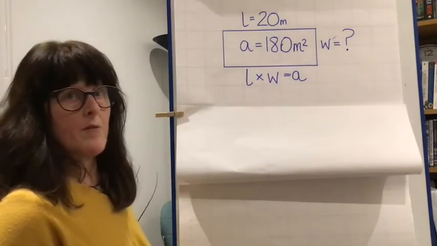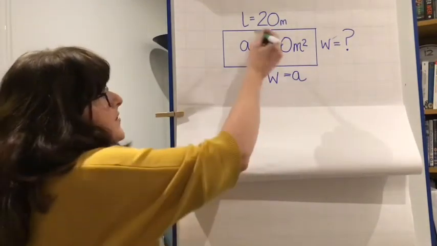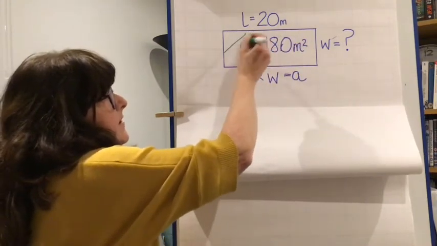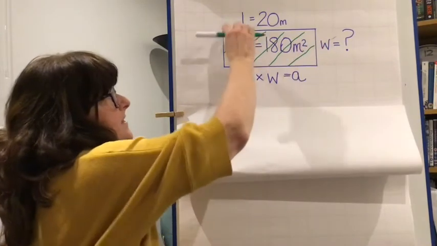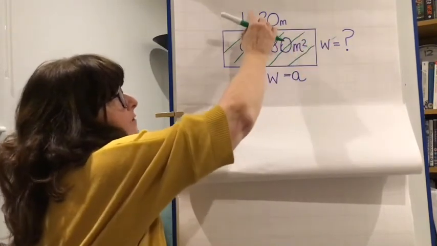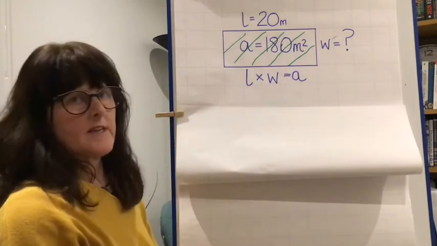And one more problem to do with area. If you were told that the area of this rectangle is 180 metres squared, and you know that the length of one side is 20, how would you work out the missing width?